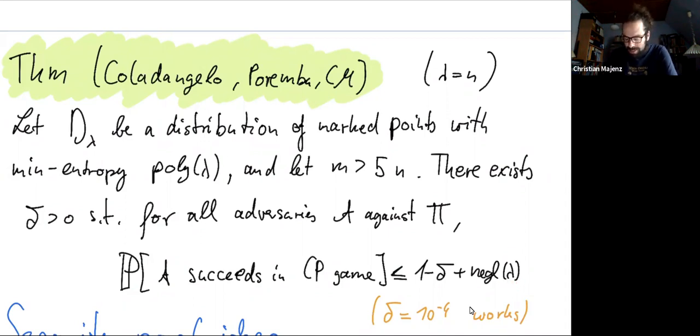And this delta is a universal constant, at least for our proof, and that's 10 to the minus 4. That's at least one thing that works.